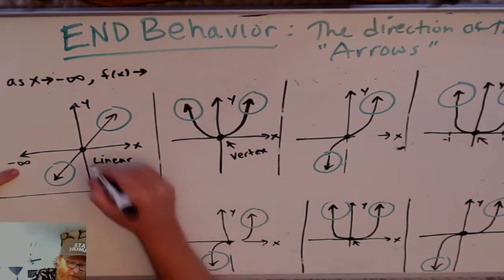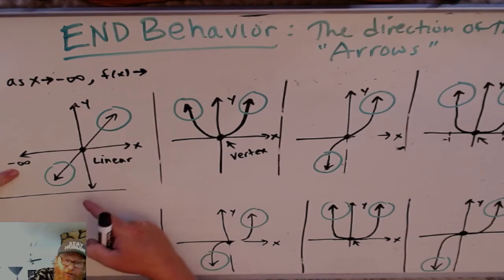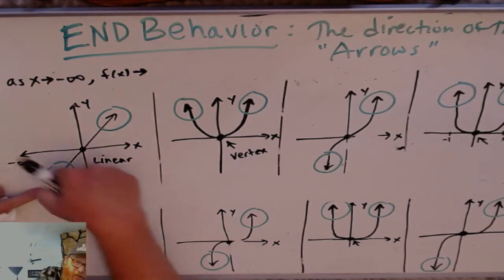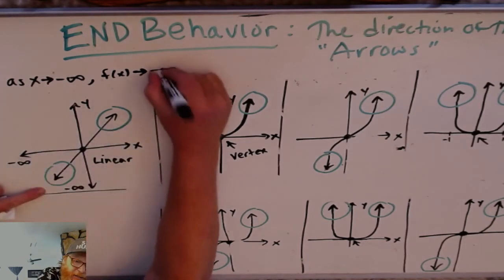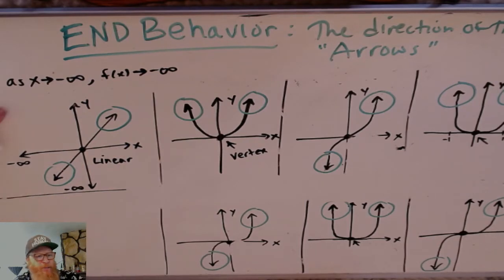What's happening to the direction of the arrow? The direction of the arrow is going down to negative infinity. So we say as x approaches, so this arrow is read as the word approaches.